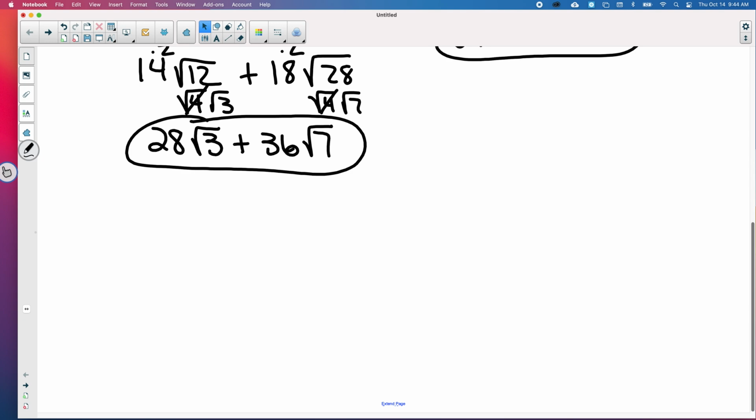Alright, let's talk about dividing. Alright, so if I have 2 divided by radical 5, what's the problem with that? Can you have a radical in the denominator? No. Do you remember how to get rid of it?